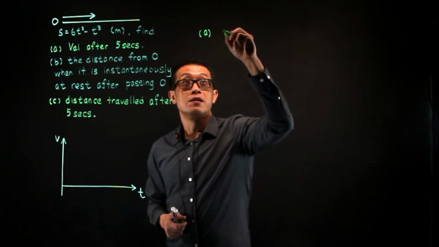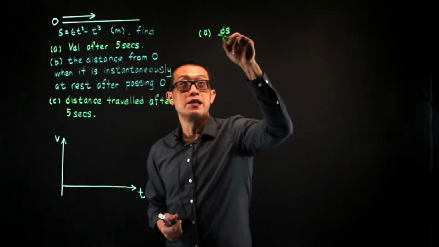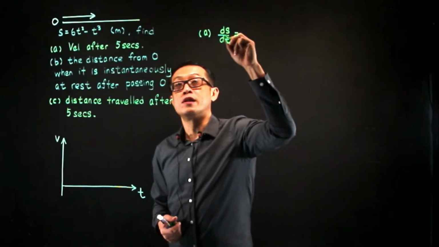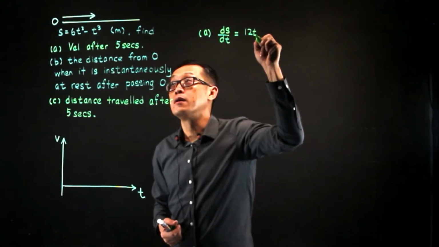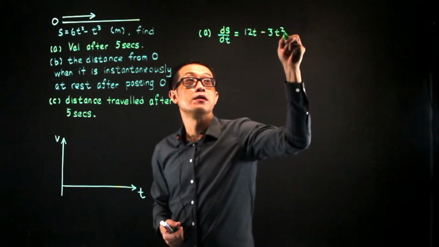Velocity, you can get by differentiating displacement with respect to time. So ds by dt will be given by 12t minus 3t squared.